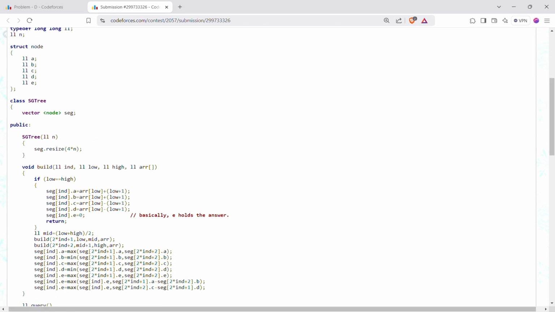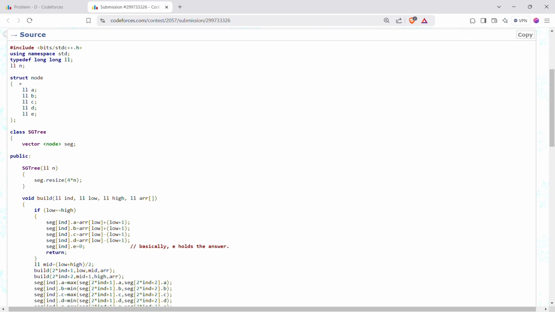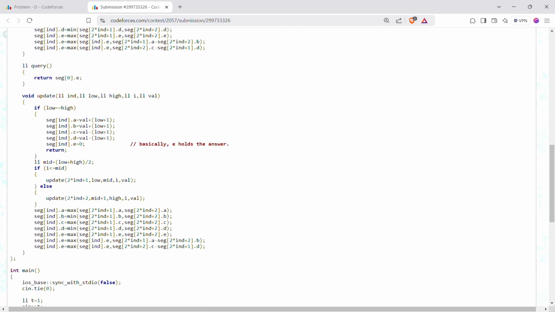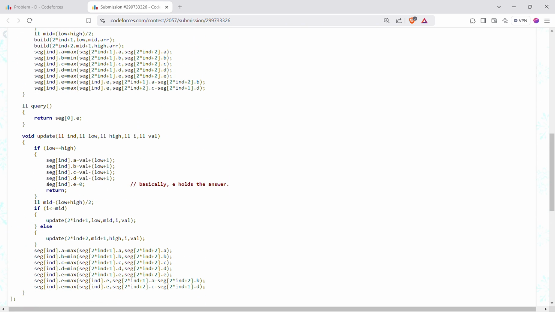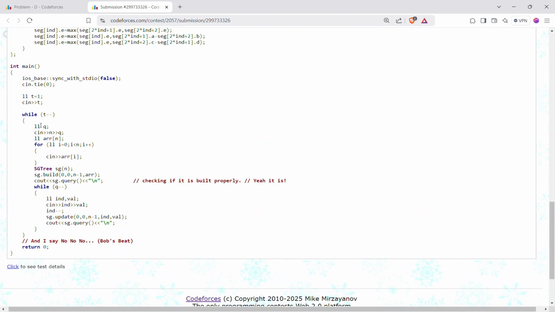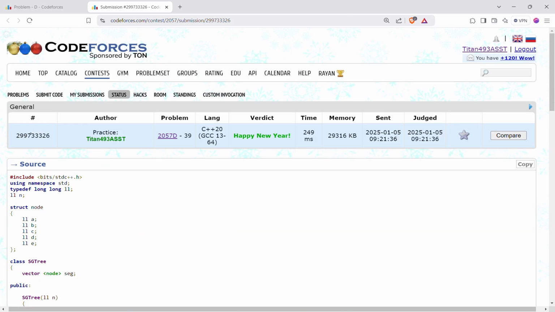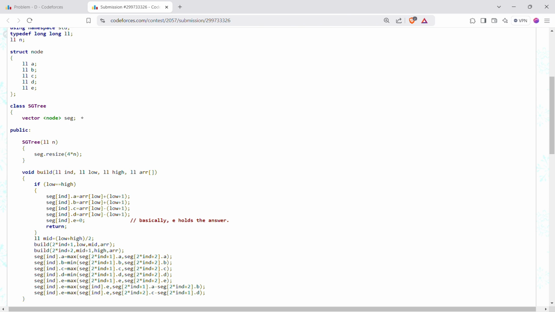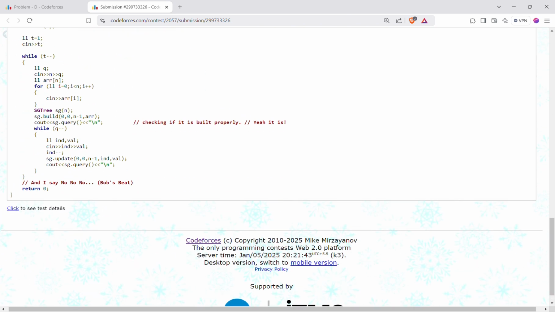So we will directly head towards the code. Defining the struct of node as these 5 values as mentioned in the solution. And yes, basically this is the template of the segment tree, nicely written. Defining n globally, because this class needs to resize that to 4 star n.